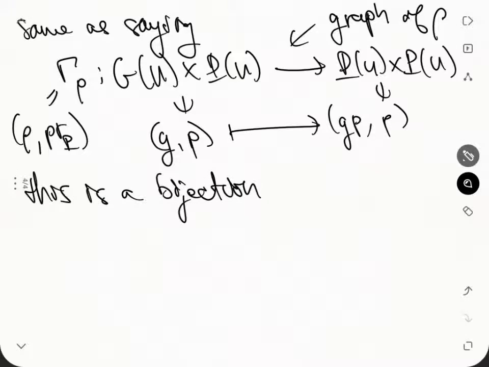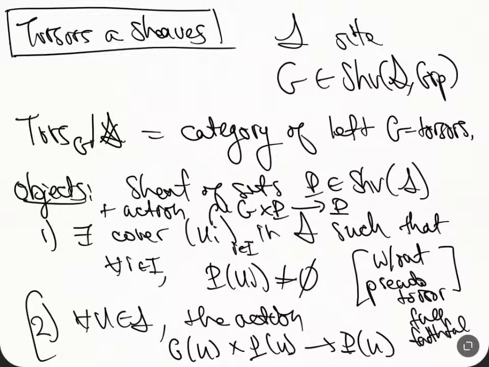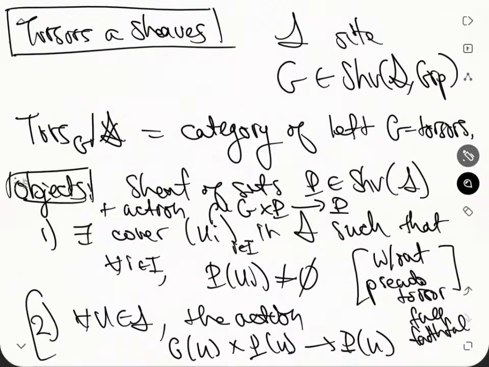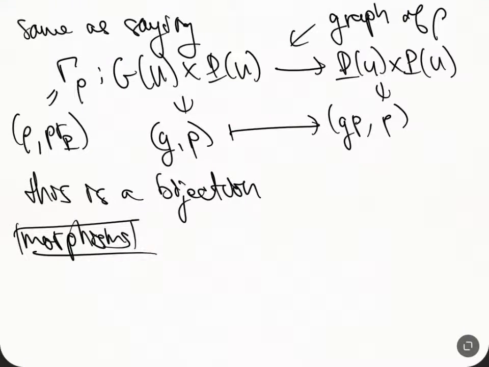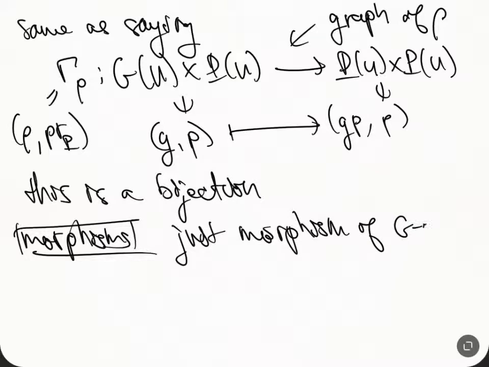Okay, so all I've done is define what these objects are, and now I need to define what the morphisms are. The morphisms are just morphisms of G-sets, i.e. equivariant maps.